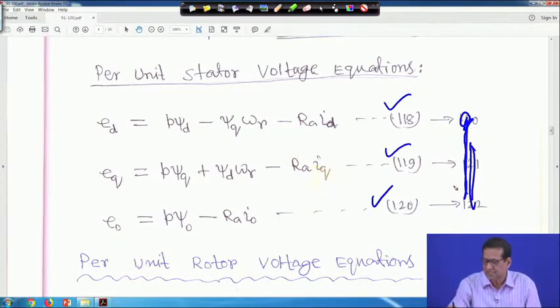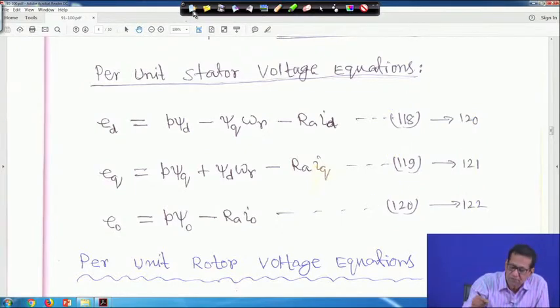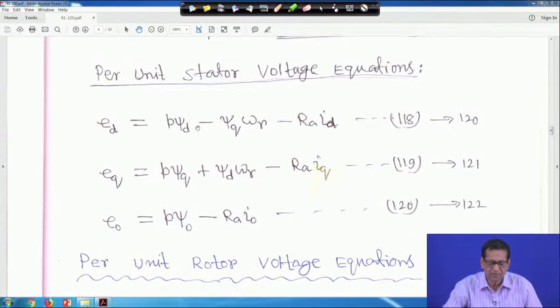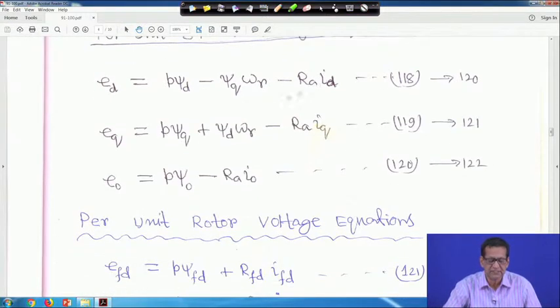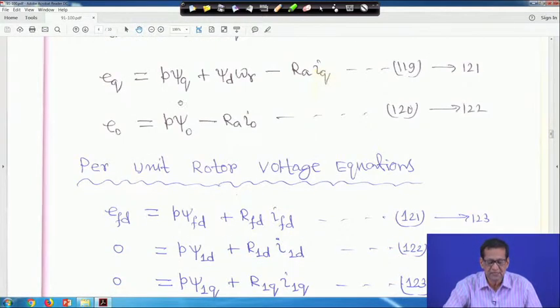So this is your per unit stator voltage equation. ED is equal to P psi D minus psi q omega r minus RAID. This is equation 118. EQ is equal to P psi q plus psi D omega r minus RAIQ. This is 119. And E0 is equal to P psi 0 minus RAI0. This is 120. This one you should not see, the right hand side.